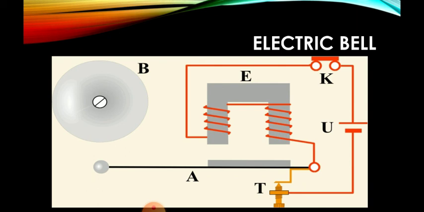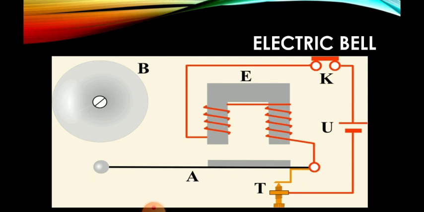Once the current stops, the electromagnet will no longer behave like an electromagnet. And so the flexible iron strip will come back and touch the contact screw again. Once it comes in contact with the contact screw, the current will flow again. Once the current flows, the electromagnet will behave like a magnet, and the striker will again come closer towards the electromagnet, and when it does this, it will strike the bell.